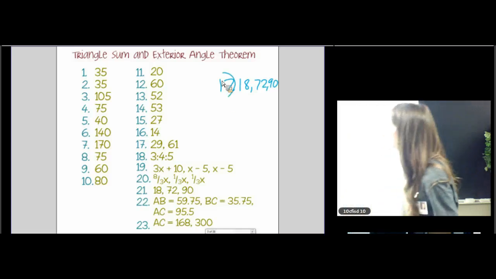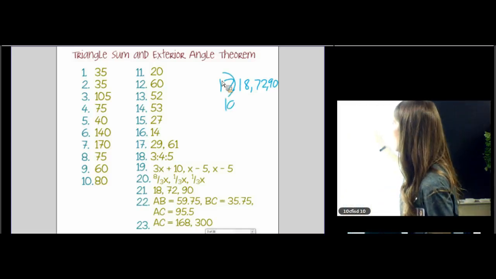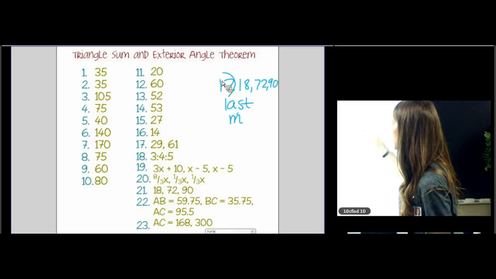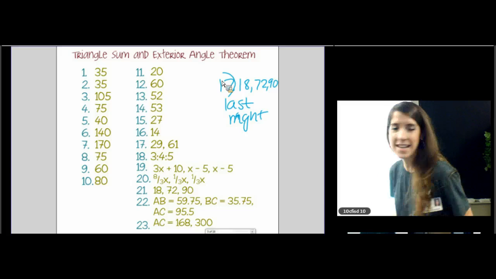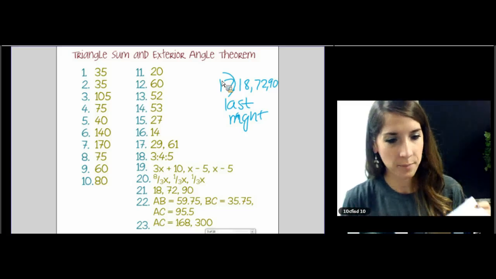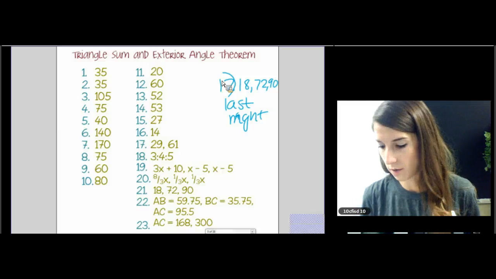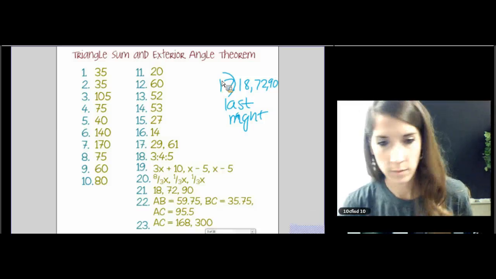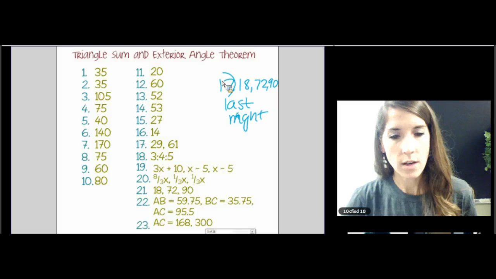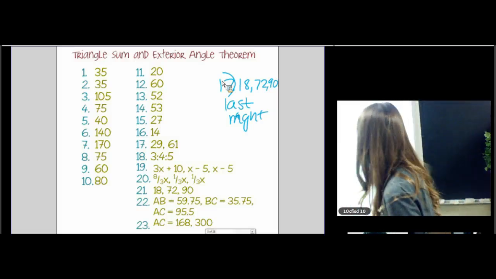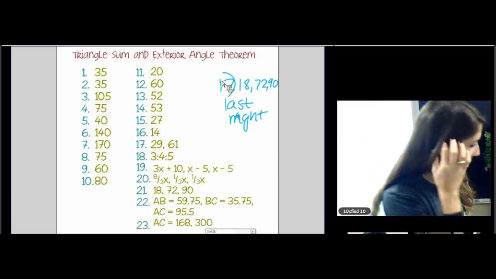That was number 17 on last night's homework. There was a mistake in the answers typed up, okay? So you were probably wondering about that, and there you go. Last night's homework, number 17, was 18, 72, 90.